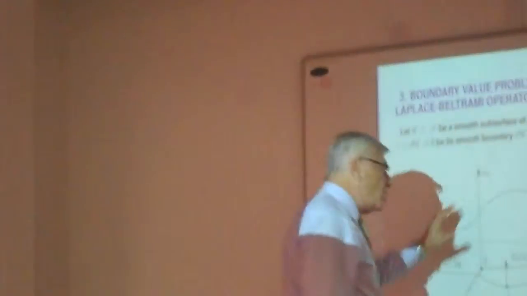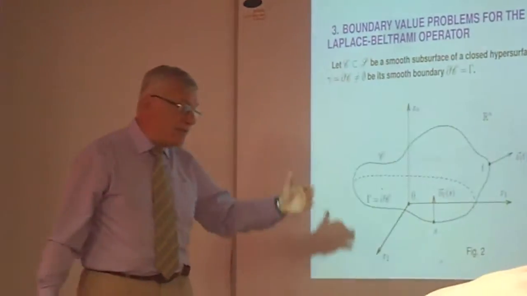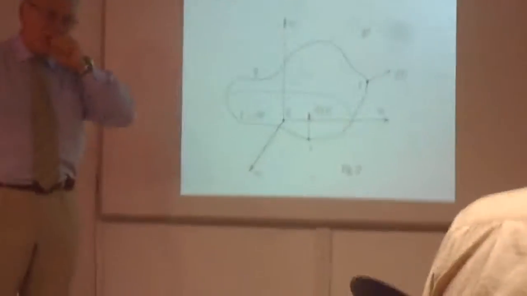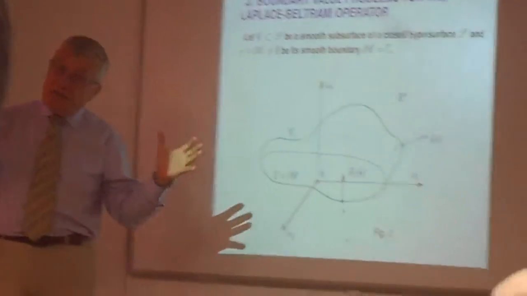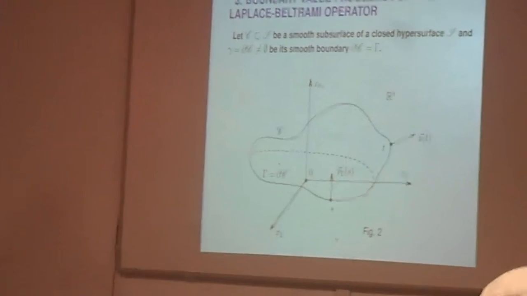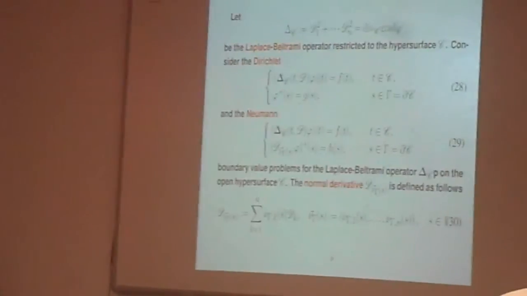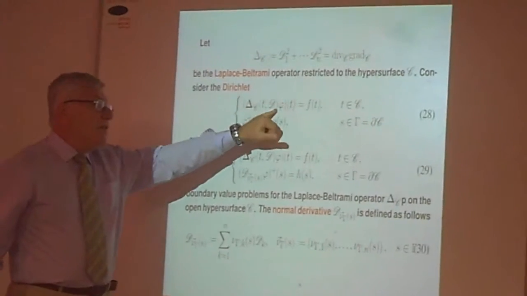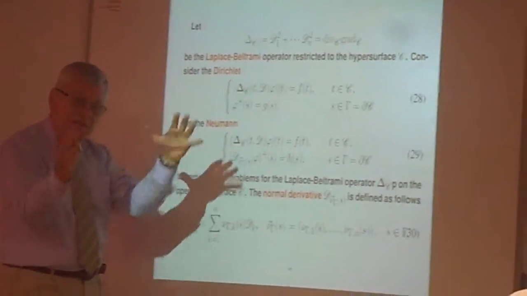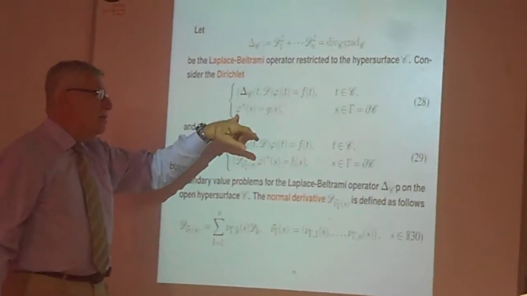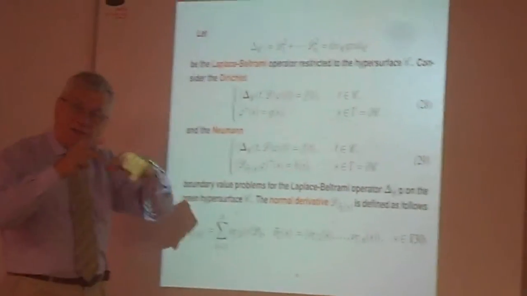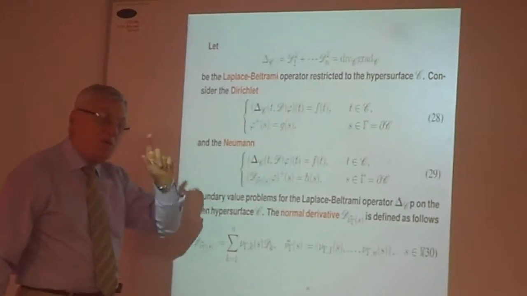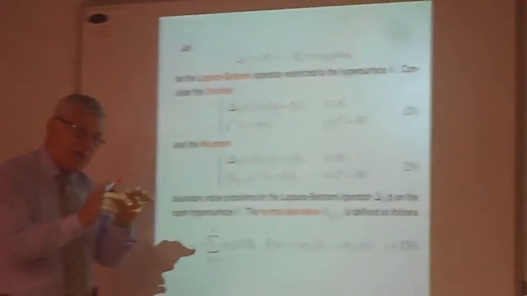What are differential equations here on this surface? You have differential equations with tangential differential operators, for example, the Laplace-Beltrami operator. And you have some boundary conditions. Here you have the Laplace-Beltrami operator on this open surface, and here you have the Dirichlet condition on the gamma, on the boundary. Or you have a normal derivative, but the normal derivative with respect to this boundary.